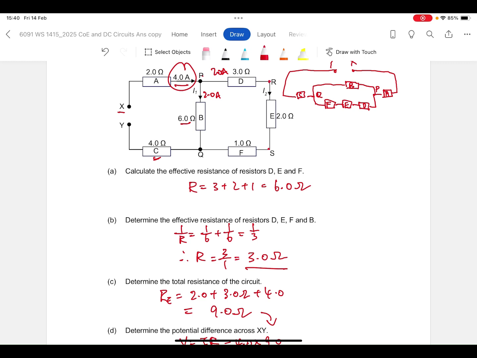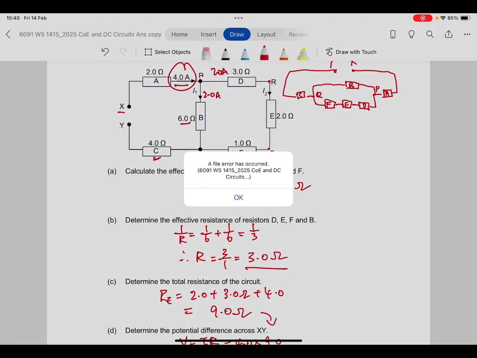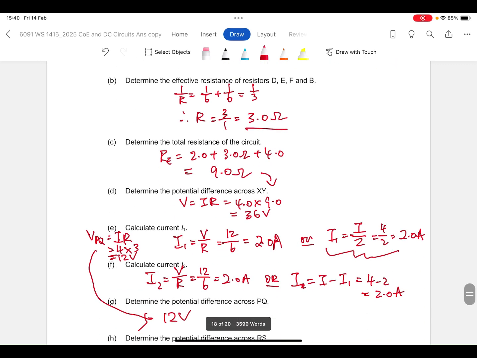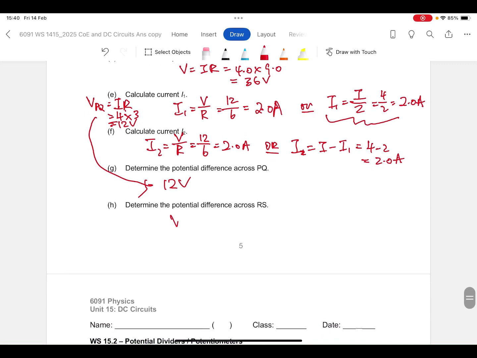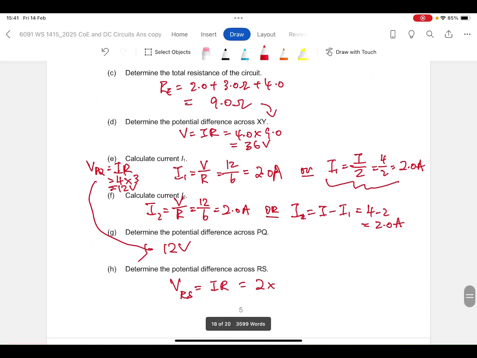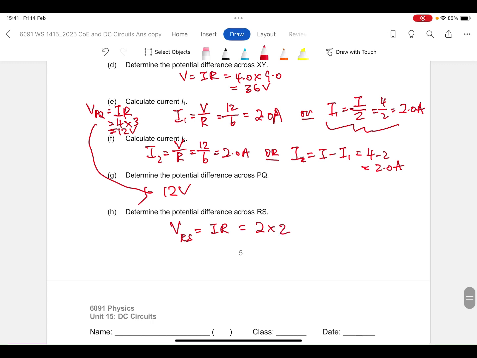We need the current flowing through it, which is I2, multiplied by the resistance of this individual resistor. So you take I2 times this 2 ohms. We found that I2 is 2 amperes. Two amperes multiplied by the resistance of that single resistor, which is 2 ohms, you get 4 volts.